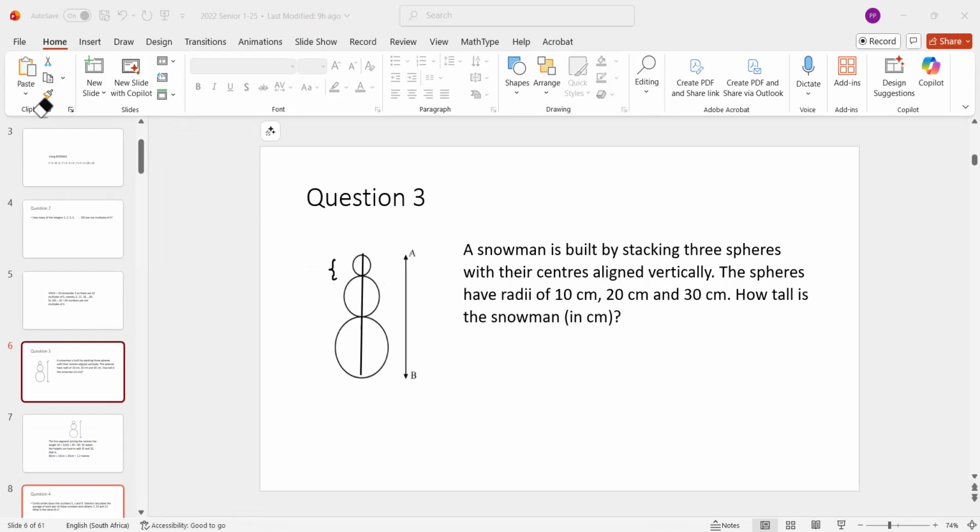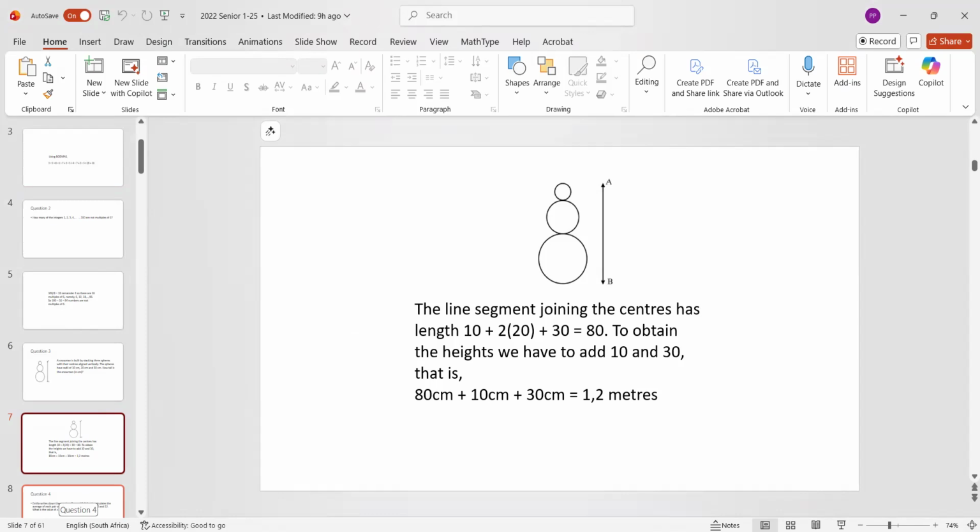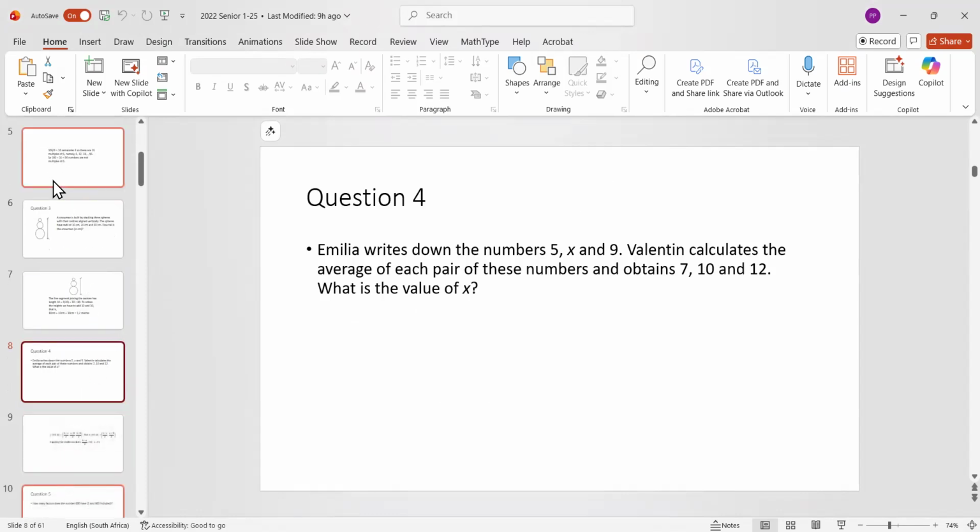So you can add up all three, and the answer is quite obvious. Or otherwise, you simply add the three radii and multiply by 2. That's 60 times 2. The answer is 120 centimeters, which is 1.2 meters. Okay, that's straightforward. As you can see, the answer is 1.2 meters.